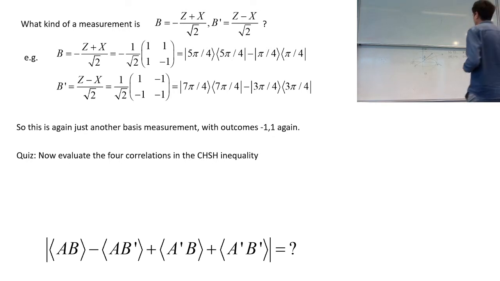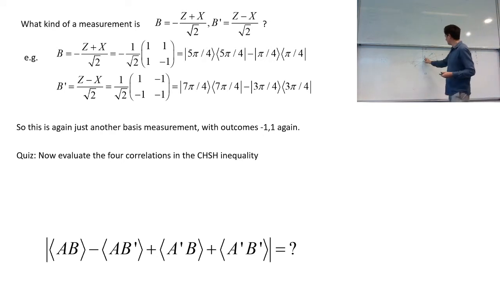So in this case, the first observable, B, is minus Z plus X over root 2. This corresponds to an angle of pi over 4, or 5 pi over 4.